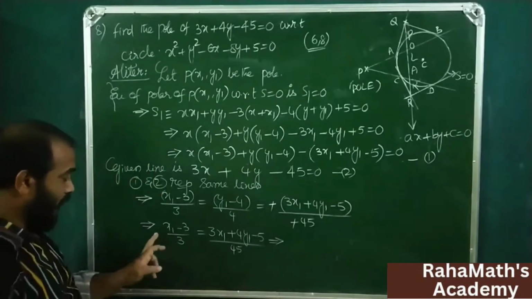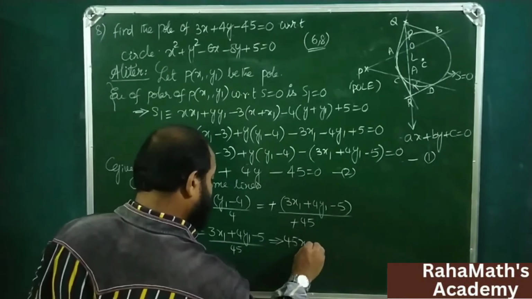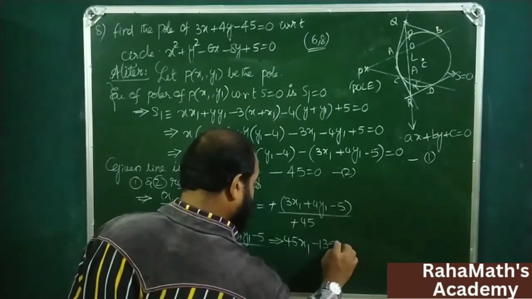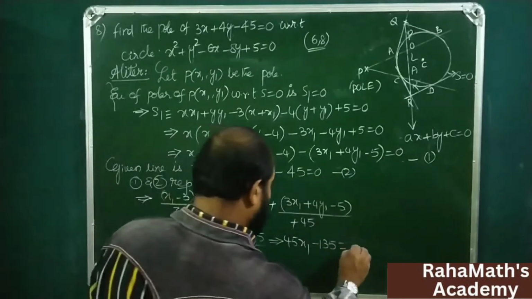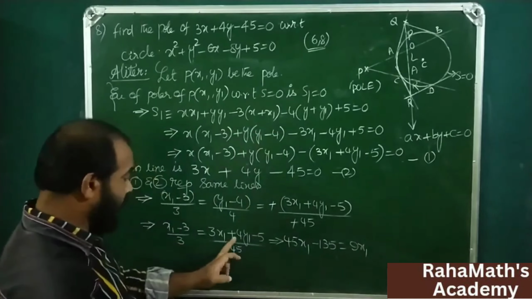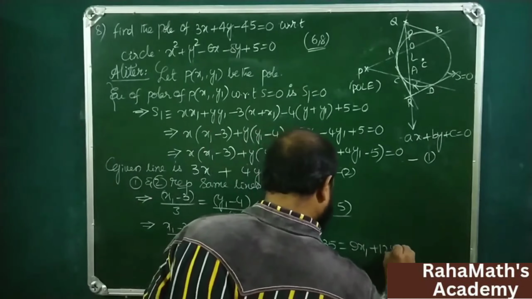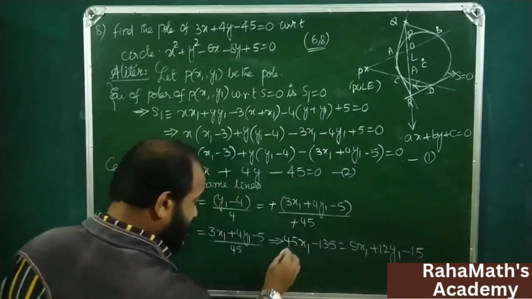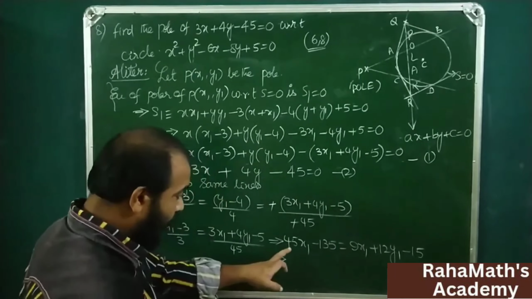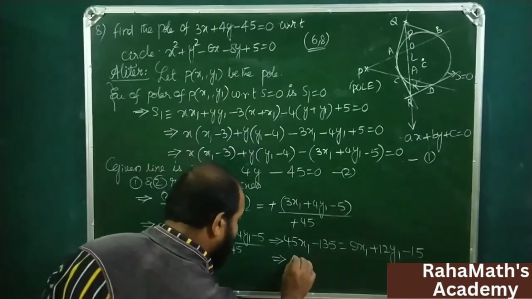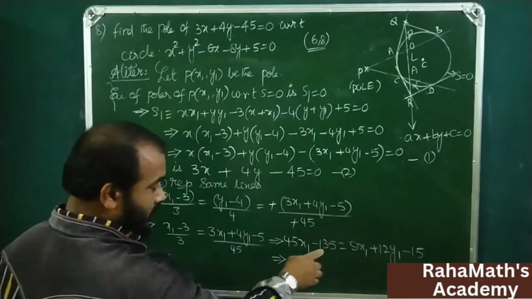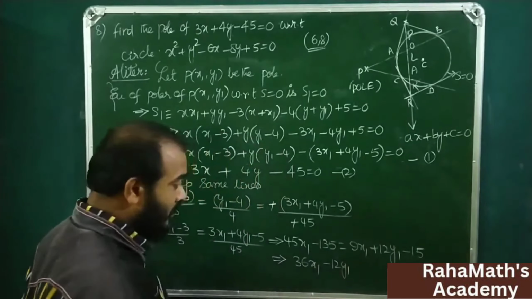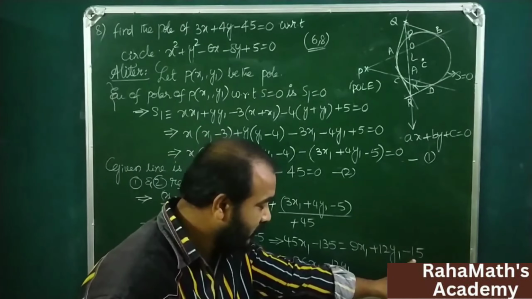So 45 into x1, 45x1, 45 3s are 135. Next, 3 3s are 9x1, 3 4s are 12y1. Next, 3 5s are 15. So this equals 45x1 minus 9x1, 36x1, minus 12y1, minus 135 plus 15.